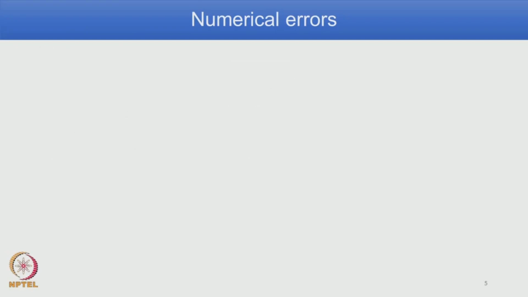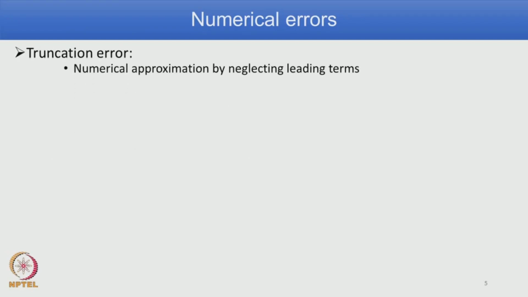So, for truncation error, it depends on what terms you are considering while writing the finite difference form of the governing equation. You can consider up to some terms in the expansion, then you will neglect the remaining terms. Remaining terms can be odd order or even order. So, accordingly the error can be of two types.